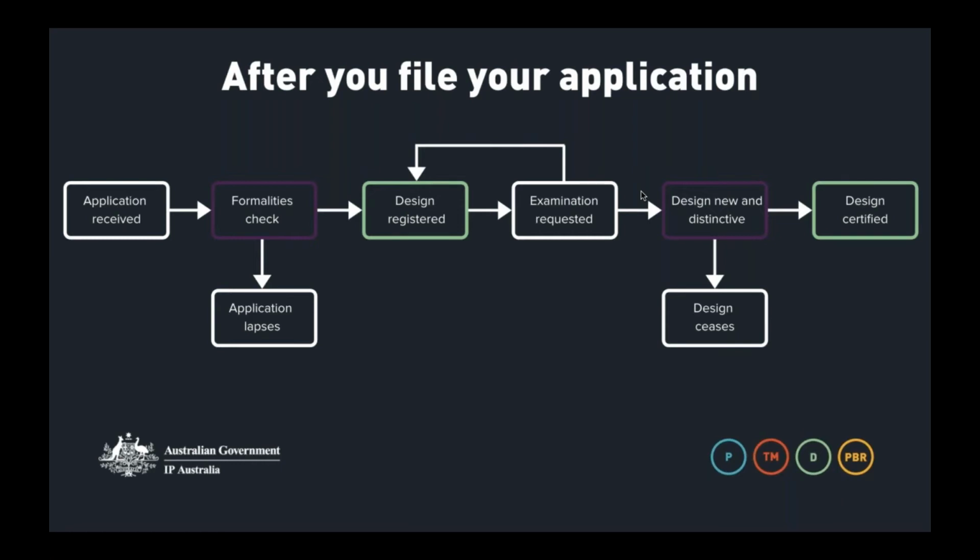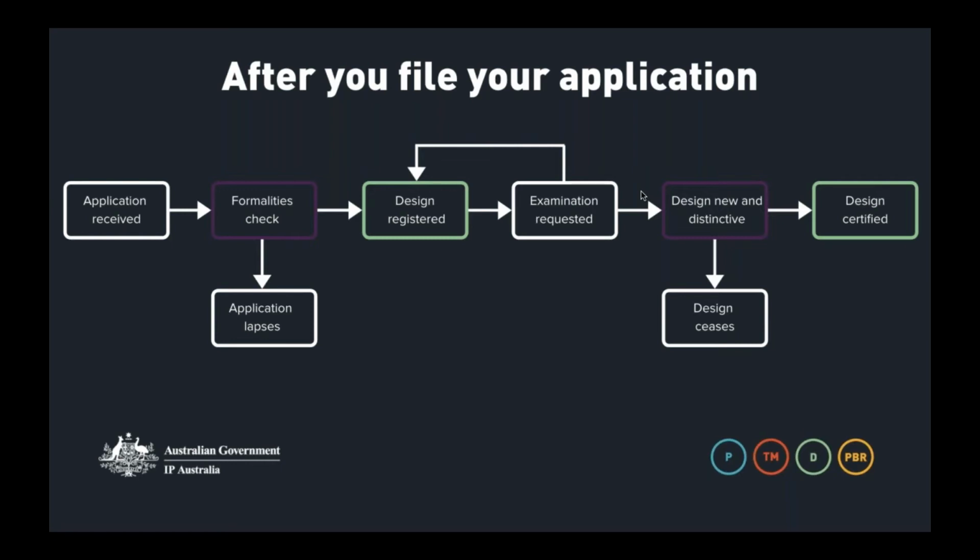At that point, when you receive that, please make sure that the information is correct. If it's not, get in touch with us. It's a really good time to sort out any discrepancies. Sometimes, if you leave that too late, it can be difficult to fix issues with your design application.